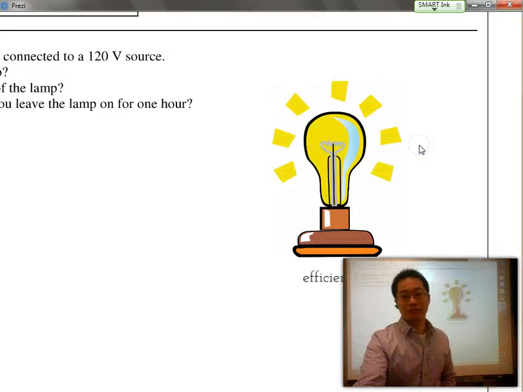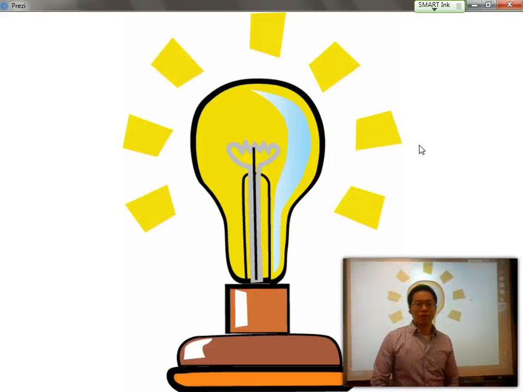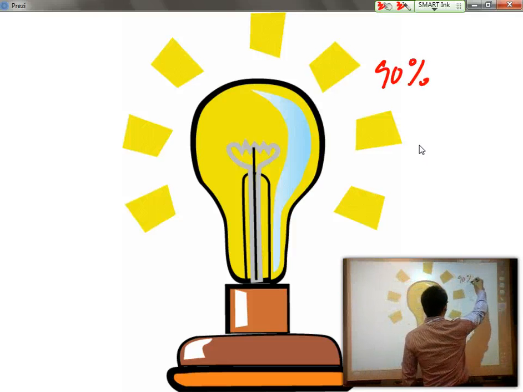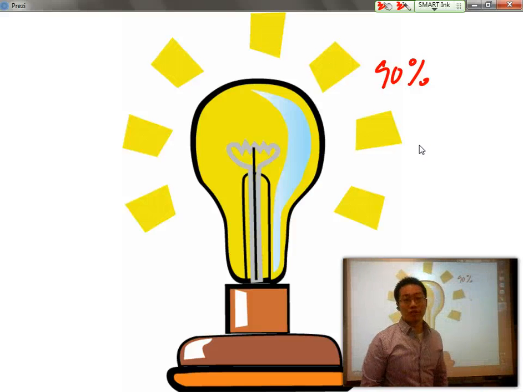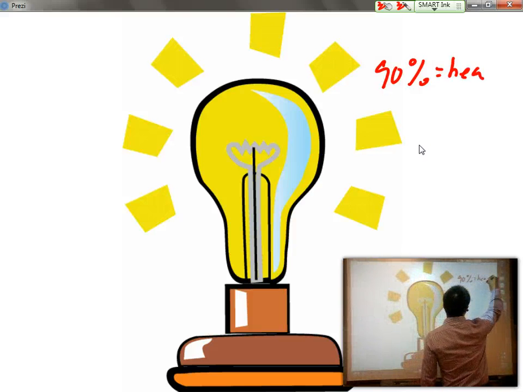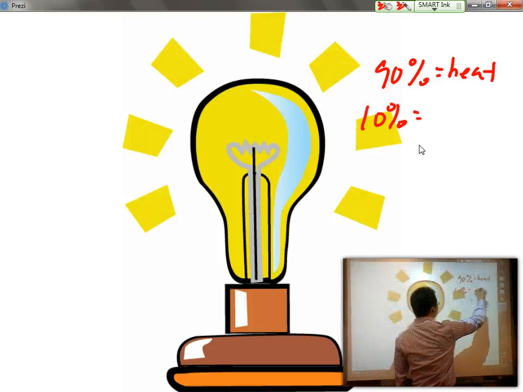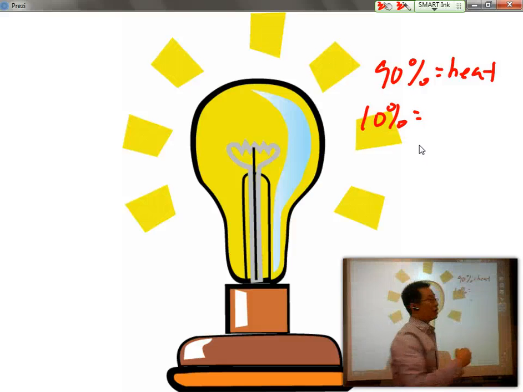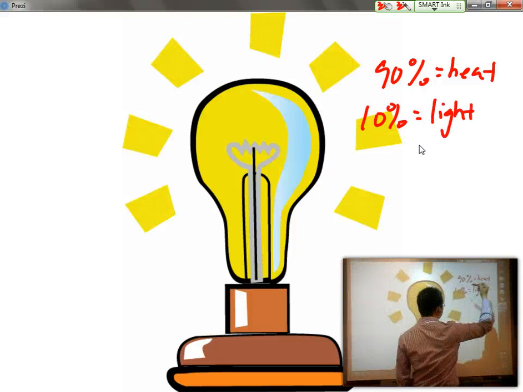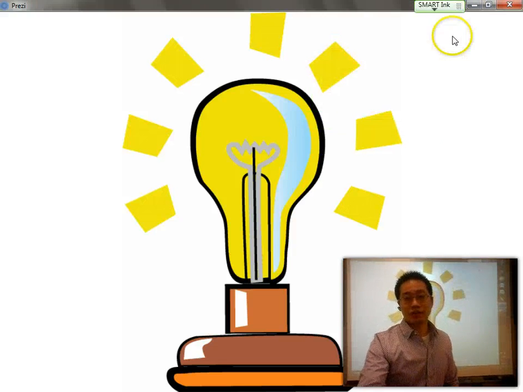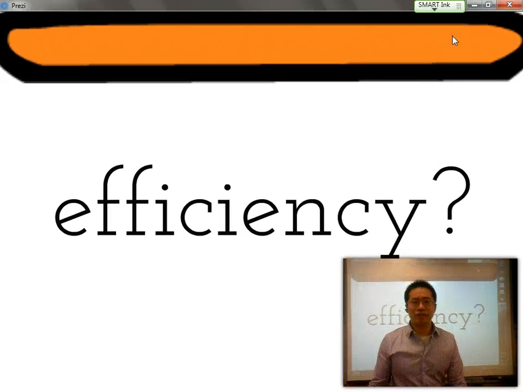However, a light bulb is not very efficient. In fact, 90% of the energy of the light bulb turns into heat. Only 10% of the energy is being used for light. So if I were to actually ask you, how do you calculate the efficiency of the light bulb, or how efficient is that light bulb?